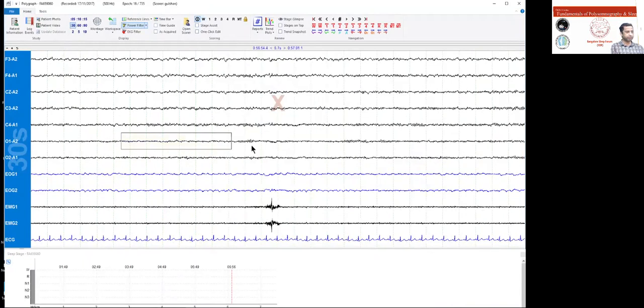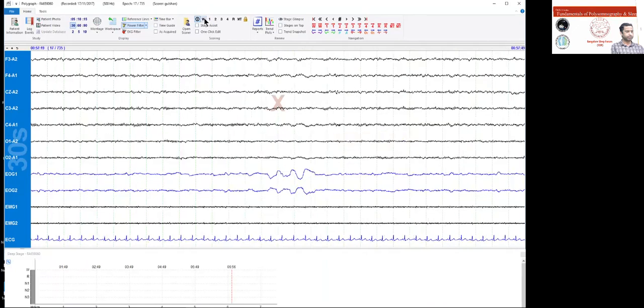Again, this amplitude is reduced, but most of the coverage, you can see, is alpha activity, so total maybe more than 50 percent. Here rapid movement is there and alpha activity is there.